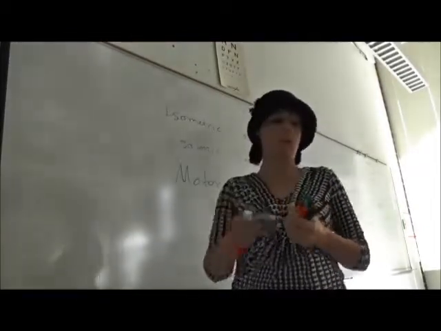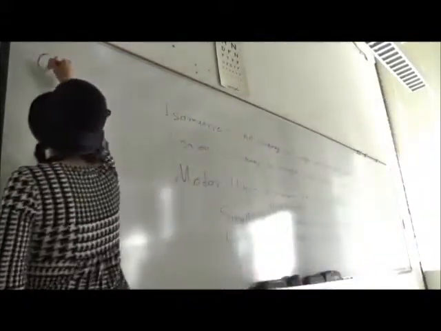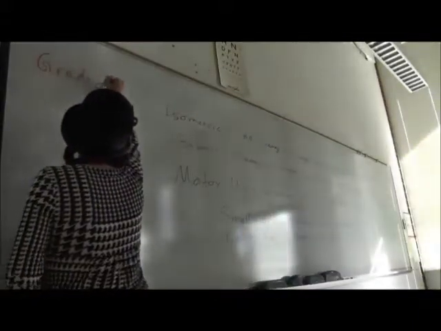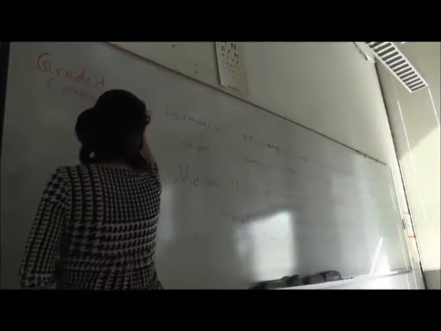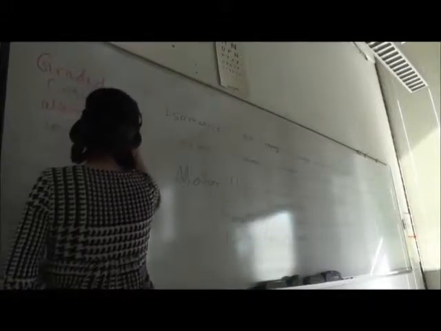You can change how much force you're producing. So a graded response, or we'll say a graded contraction, occurs as we alter the force in the muscle for varying demands.